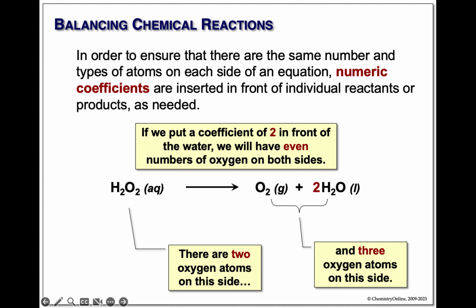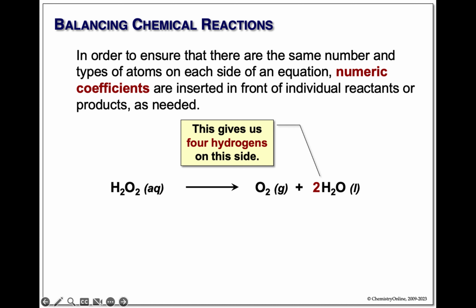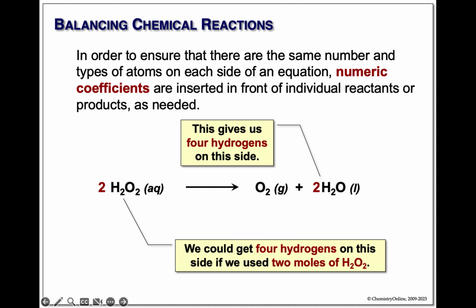All right. Now, after you do your first step, you look to see what damage you've done. What we've done here is we have put 4 hydrogens here now and 2 oxygens. On this side, we have 2 hydrogens and 2 oxygens.